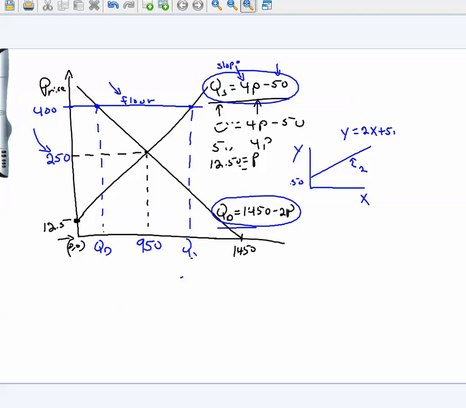And now, since we have this in equations, we can actually figure out what those things are. The quantity demanded we would just get from the demand equation, so it would just be quantity demanded is equal to 1450 minus 2 times this binding price floor. And when you work that out, I think you will get that that number is 650. So I'm going to erase this and put 650 there.